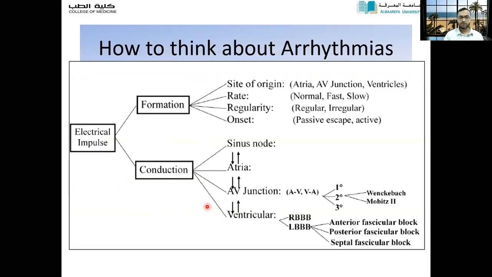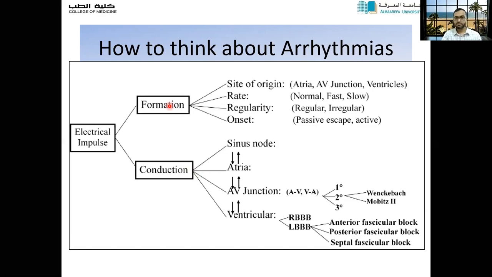So on the basis of that, we can classify the arrhythmia, and this map should be in your mind when thinking of the arrhythmias. Arrhythmia can be because of a defect of formation of the impulse, or because of a defect of conduction of the impulse. These are two possibilities. Regarding defect of formation of the impulse, normally the impulse originates in the SA node. If the arrhythmias originate in the SA node, they are known as sinus arrhythmias.